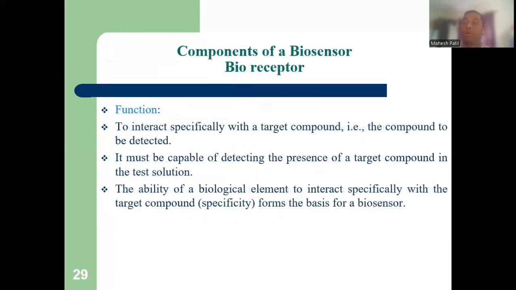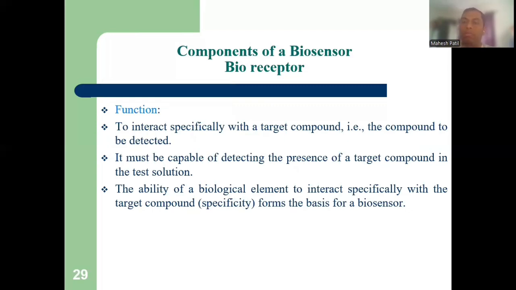So what is the most important function of a bioreceptor? As we have seen, the most important function of a bioreceptor is to interact with a specific target compound. That is the target compound, the analyte. That is what we are mostly interested in. The compound which is to be detected is the most important to us, and that has to be taken care of. So this is the most important function of a bioreceptor. Secondly, high selectivity.